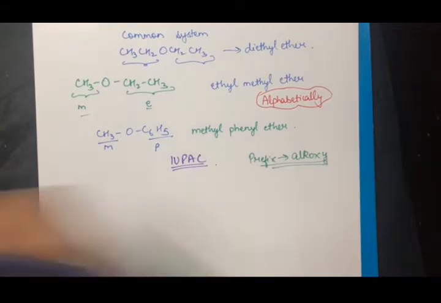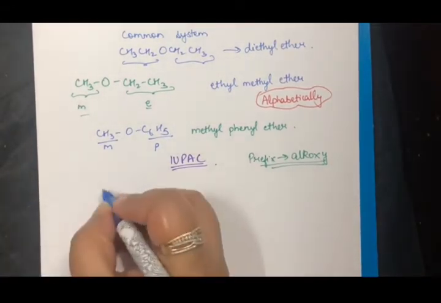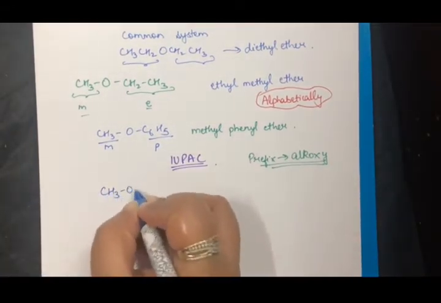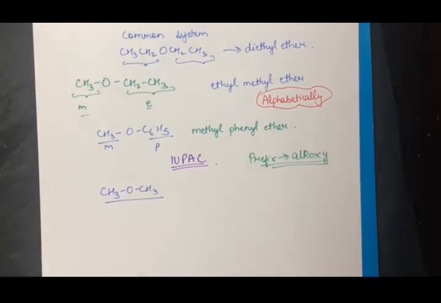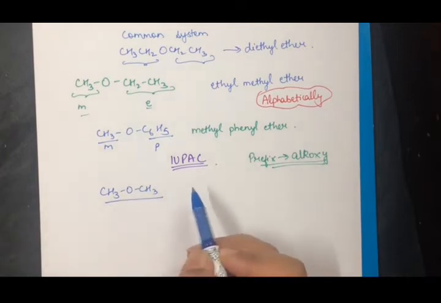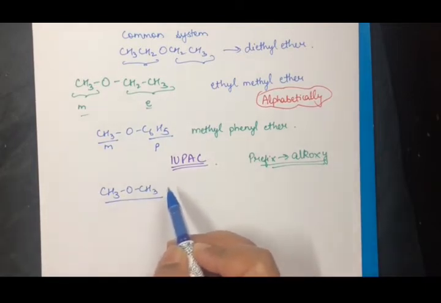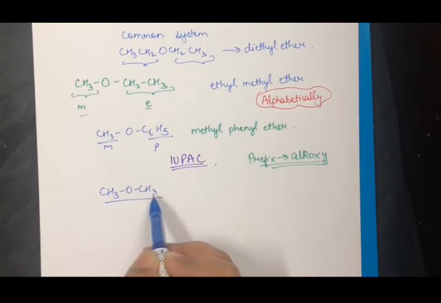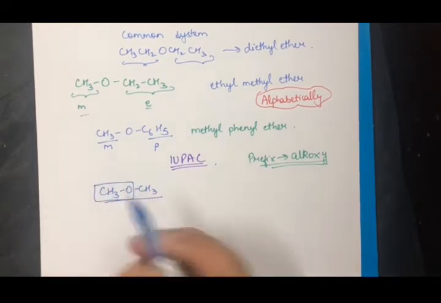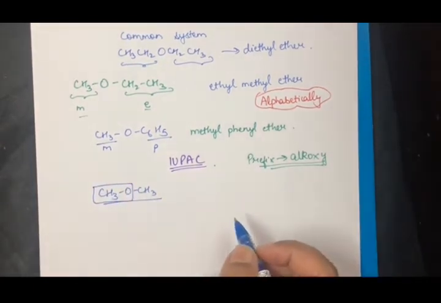Let's write down the name for this structure. One of the R groups is to be taken with the oxygen. Since here both the alkyl groups are the same, whichever one I take with oxygen, it is going to be completely the same for both cases.